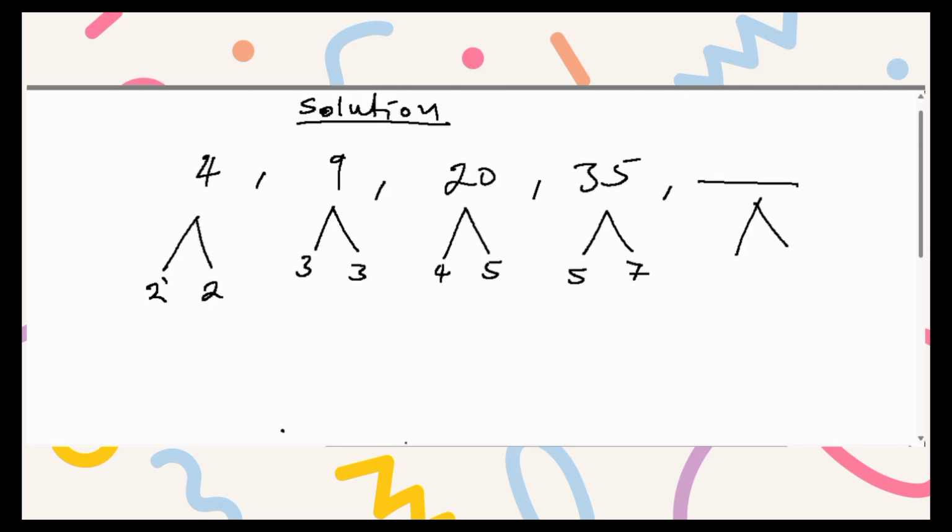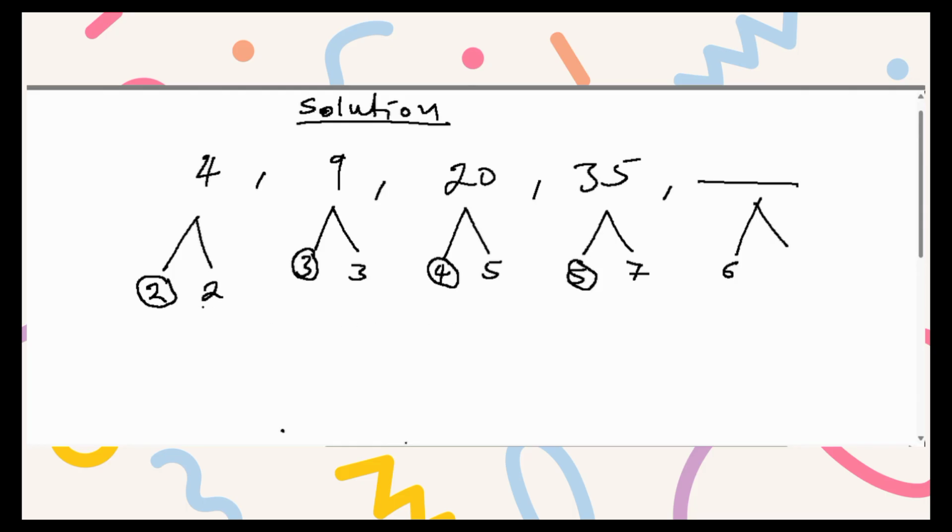Then we can see a certain pattern here. We are increasing the previous number by 1 on the first branch: 2, then 2 plus 1 is 3, 3 plus 1 is 4, 4 plus 1 is 5. So definitely here is going to be 5 plus 1, which is 6.